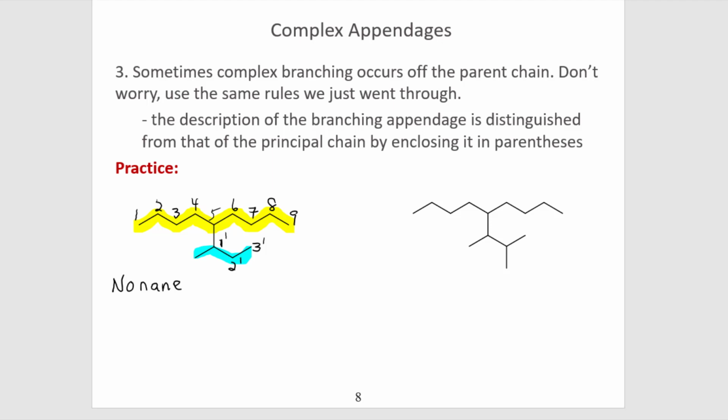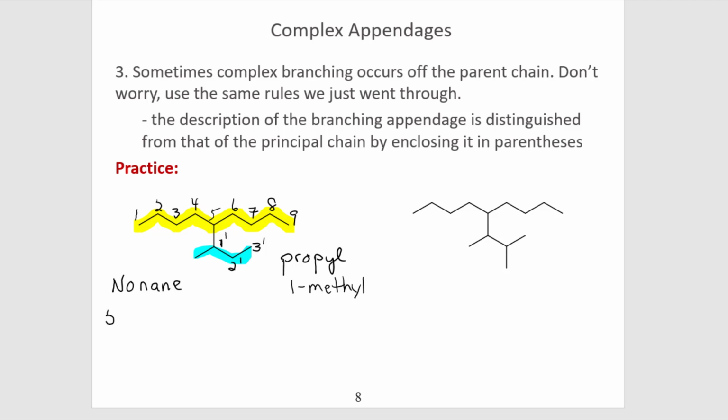Okay, so I have a 1', 2', 3' substituent. Because I'm going to name that longest substituent chain, I still use the ending -yl. I have a propyl group. But at 1, I have a carbon. I have a methyl. So that substituent is called, where is the substituent?